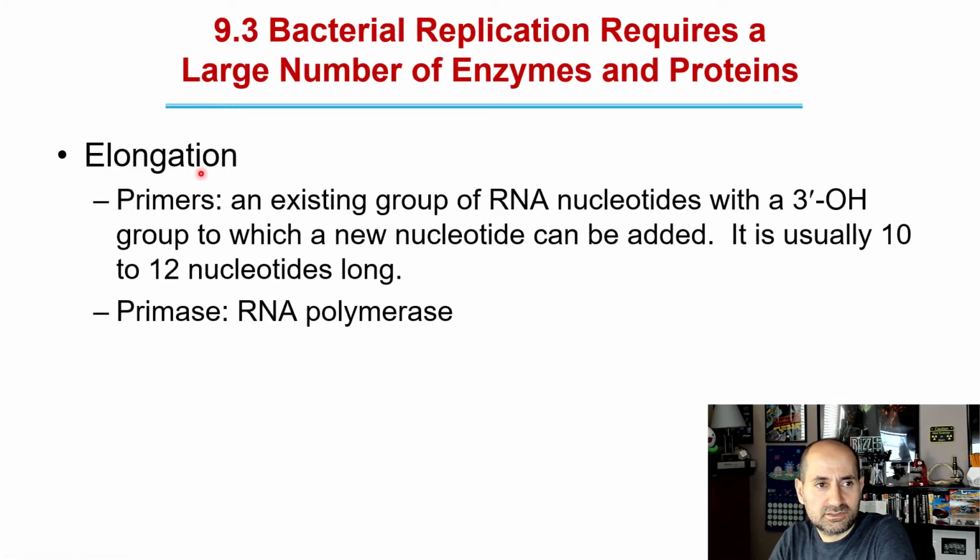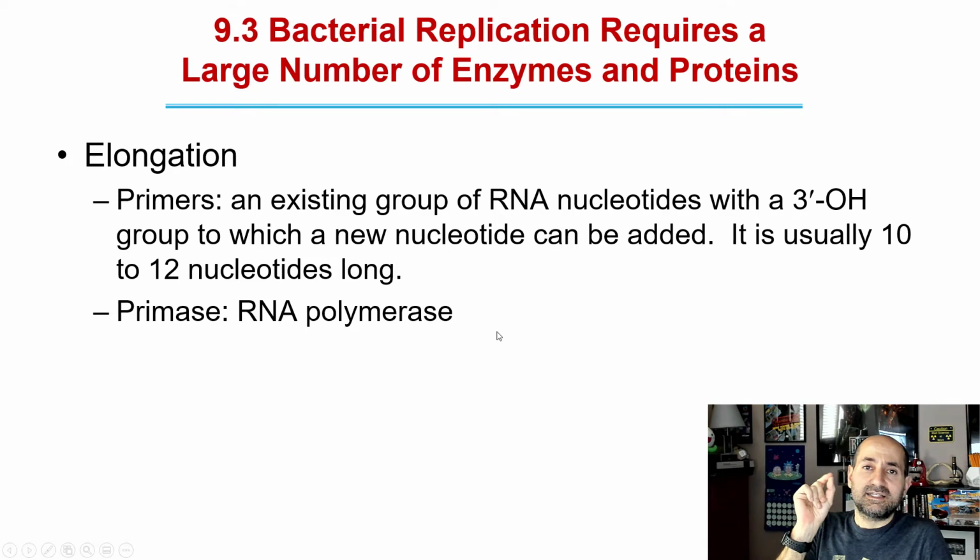Now, elongation, this is in the process of copying the DNA. What you need are primers. Primers are a short stretch of RNA, an existing group of RNA nucleotides with a free 3' hydroxyl group to which a new nucleotide can be added. It's usually 10 to 12 nucleotides long, and it's put down by an enzyme called primase, which is essentially an RNA polymerase.